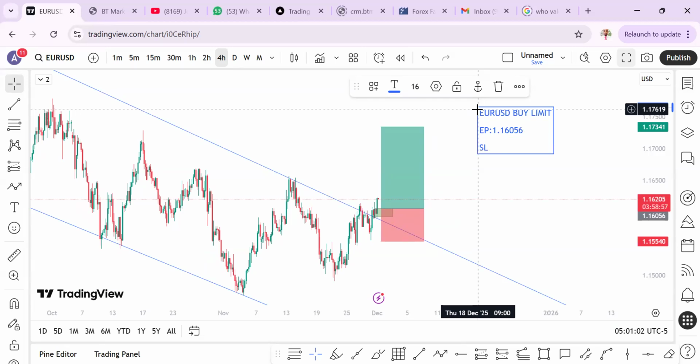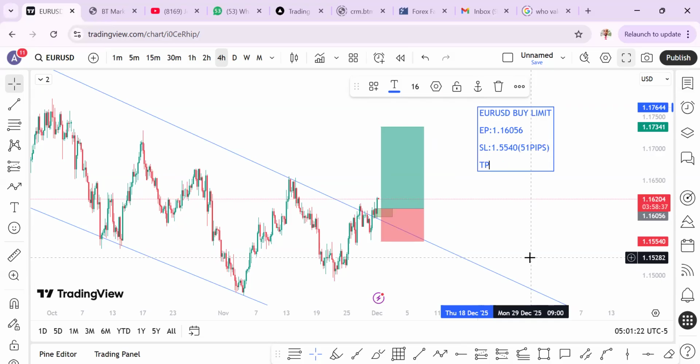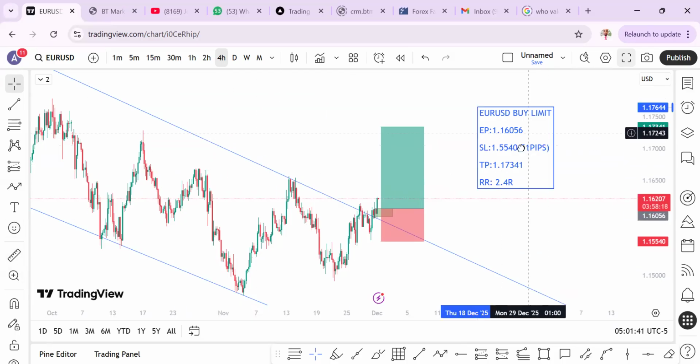Our SL, 1.15540. How many pips stop loss? 51 pips. Our TP is 1.17341. So our reward ratio is 2.4R. So that is it.